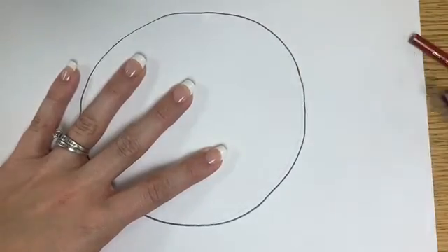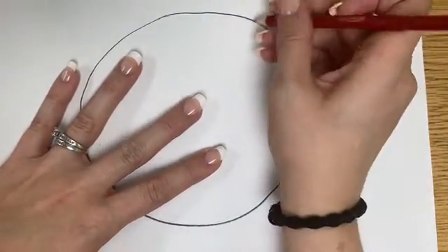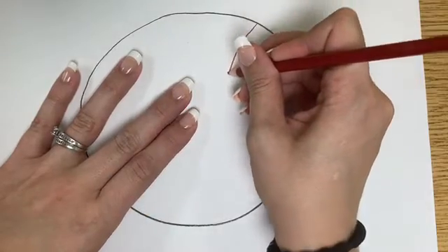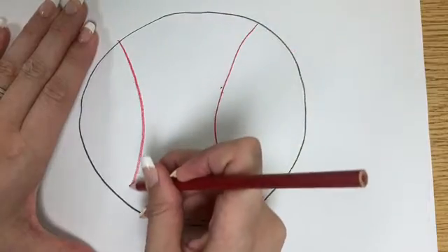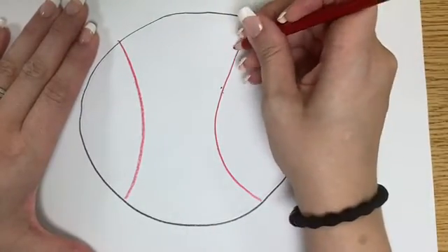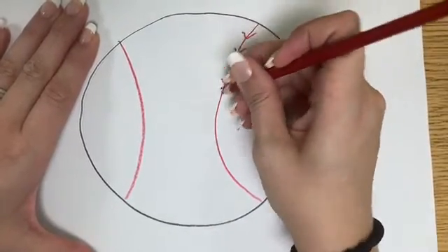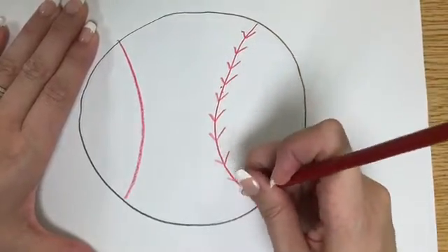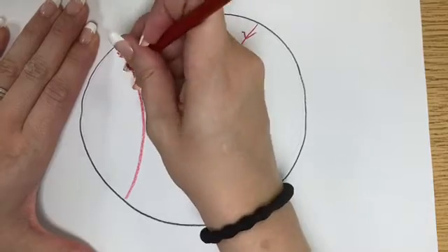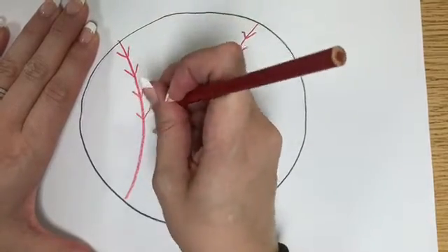And then on a baseball, if I remember correctly, a baseball has stitches that are red, so I'm going to make these stitches that go around, like this, and I'm going to draw the little parts on it that look like it's sewn together. Now, as I'm looking at this, it still looks very flat on the paper.